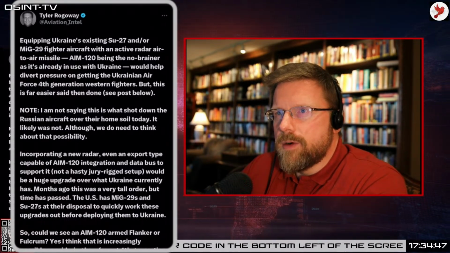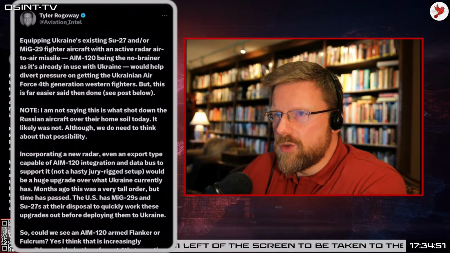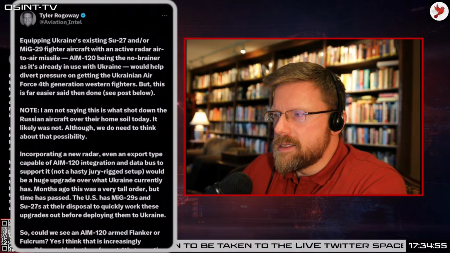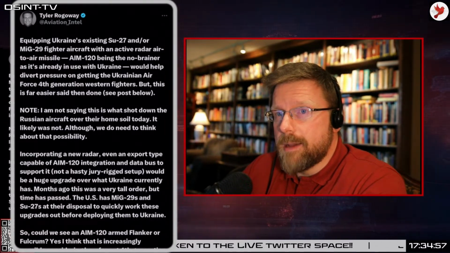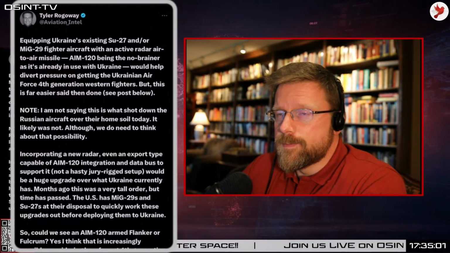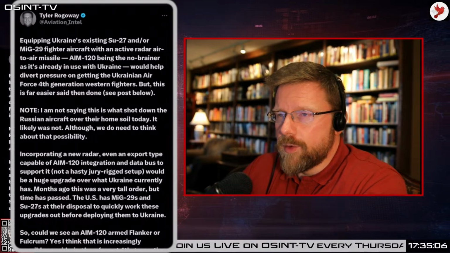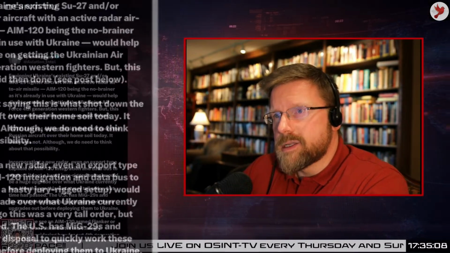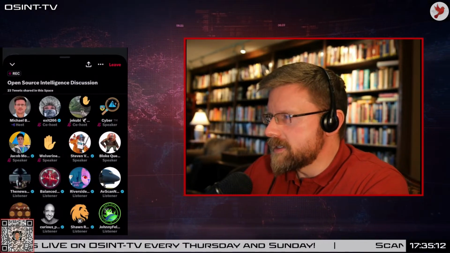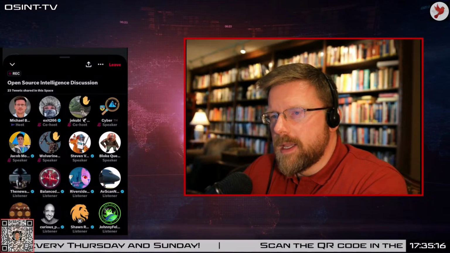He talks about how it's possible but unlikely that integration for the AIM-120 has taken place yet. However, it is something that is anticipated would be a logical next step, given the integration of HARM and Storm Shadow and a couple of other Western systems. So it can't be excluded yet, but it's probably less likely, and we probably fall back to the scenario Wolverine described, which is Russia shooting down its own.